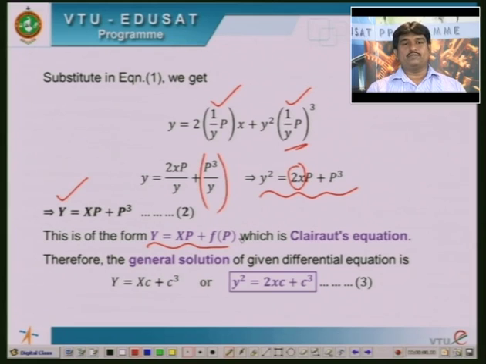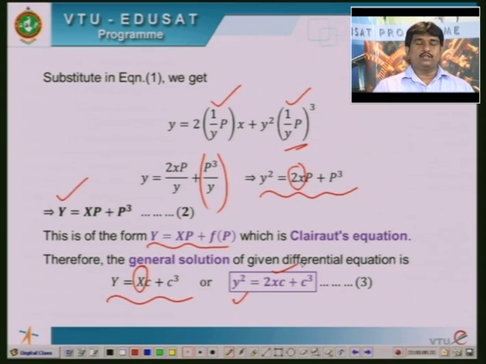Therefore, the general solution of the given differential equation is capital Y equals capital X c plus c cube, which is obtained by replacing p by c. Now convert this in terms of the old variables using the known substitution: capital Y equals y square and capital X equals 2x. Therefore, the general solution of the given differential equation is y square equals 2xc plus c cube.